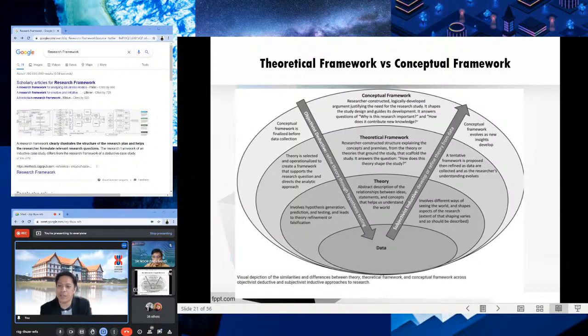So the conceptual framework is looking into something more abstract, at a higher level, happening at the conceptual level.